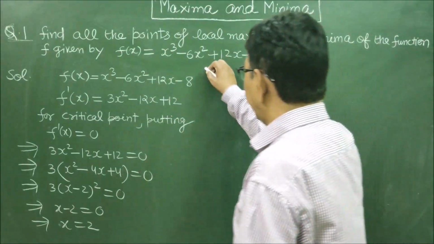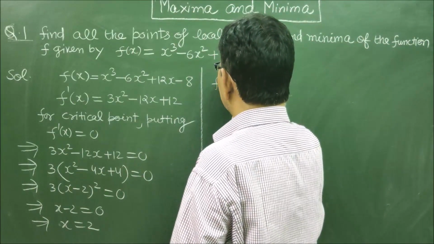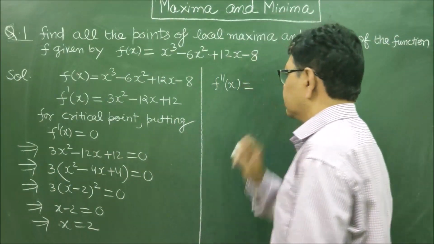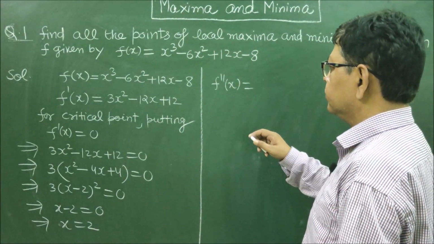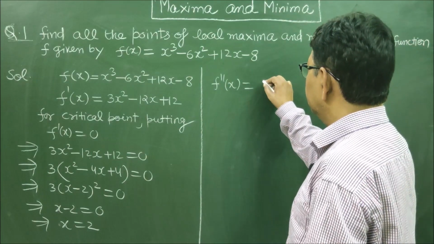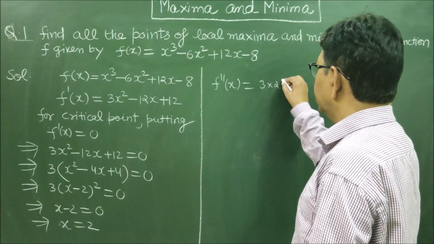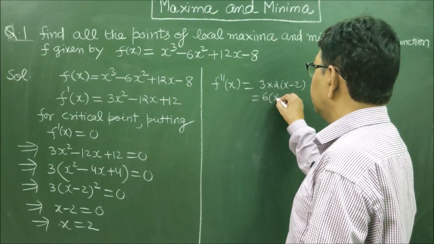Now let us find the second derivative of this function, f double dash x. f double dash x is equal to 3 into 2 into (x minus 2), that is 6 into (x minus 2).